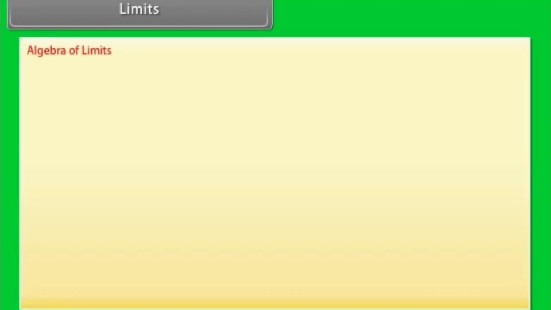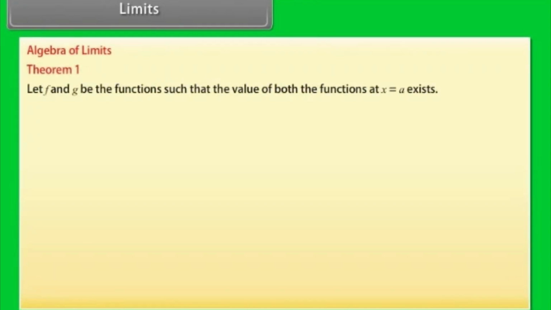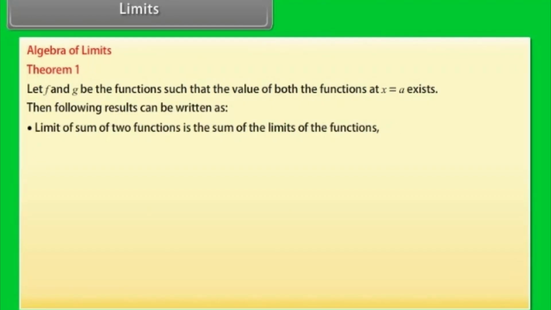Limits. Algebra of limits. Theorem 1. Let f and g be the functions such that the limit of both the functions at x is equal to a exists. Then, following results can be written as: limit of sum of two functions is the sum of the limits of the functions.